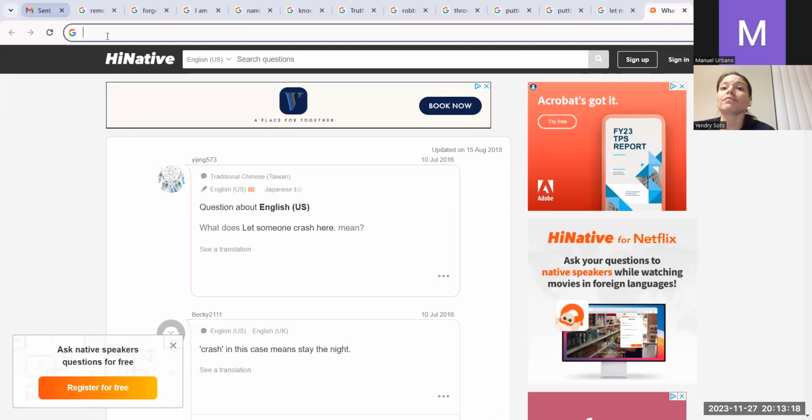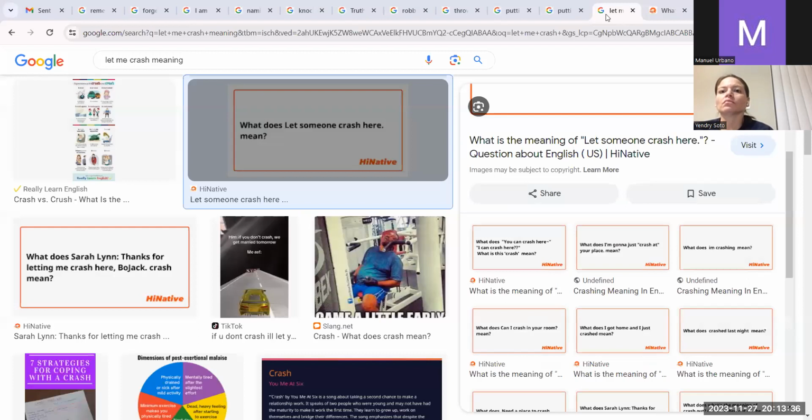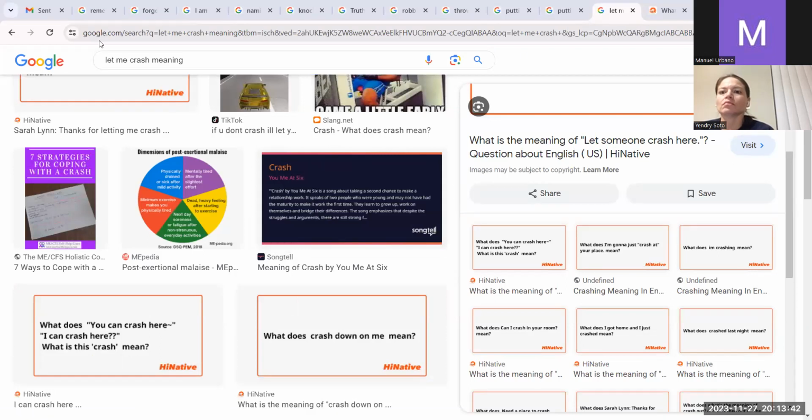But in English, for them, let me crash is let me rest. Don't talk to me. I'm not going to answer the phone. I'm not going to do anything. I'm going to crash. Me voy a estrellar acá y no quiero que nadie me moleste. Nobody bothers me and things like that. So that's what that means. All right. So that's crash.